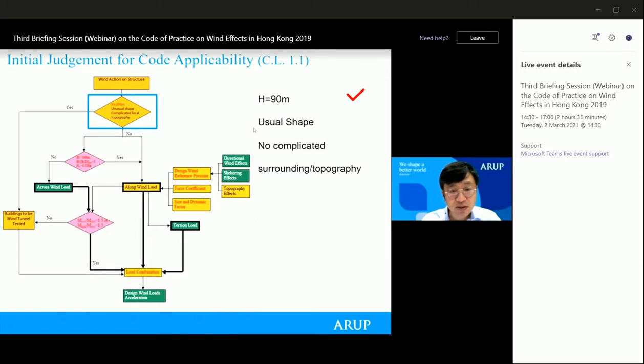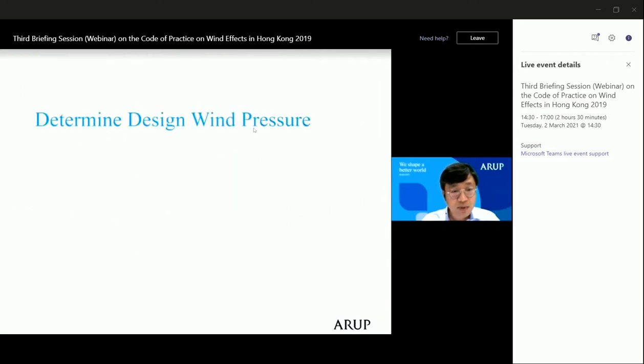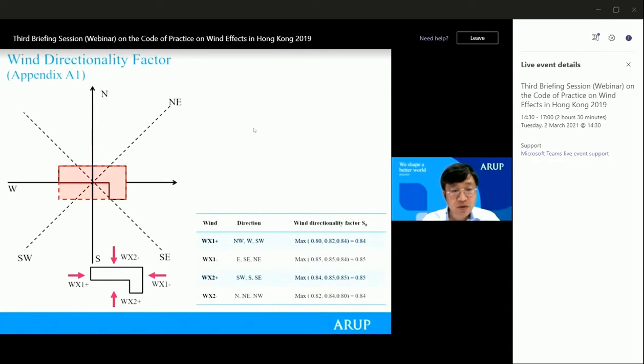It's shorter than 200 meters, and it is a regular shape, and it is not located in either a complicated surrounding or a complicated topographic condition. So all the criteria are satisfied, then the standard approach applies. Then, following the standard approach, the first step is to determine the design wind pressure. This building is aligned north and south, as shown here.